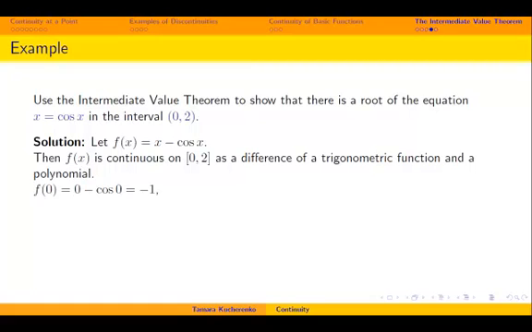The value of f at 0 is 0 minus cosine 0, which is negative 1, because cosine 0 is 1. f of 2 equals 2 minus cosine 2, which is positive, since cosine cannot be greater than 1.